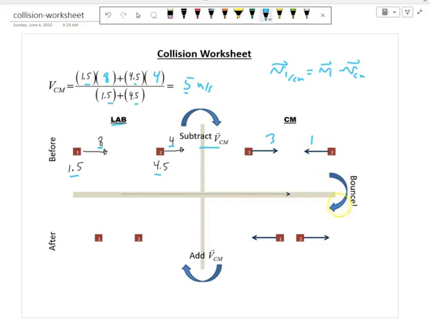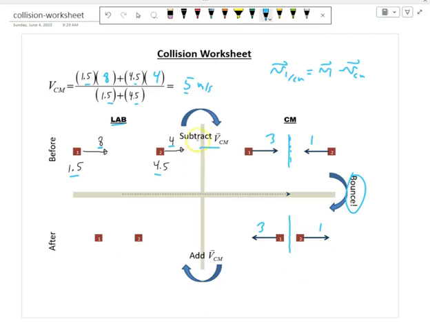Now here's the beautiful thing. The kinetic energy conservation is now just a bounce. Each object bounces off, almost like there was a brick wall here, bounces off with the same speed. So the 1 becomes a 1, the 3 becomes a 3. And rather than algebra and the quadratic formula, all we have to do now is transform back into the lab.